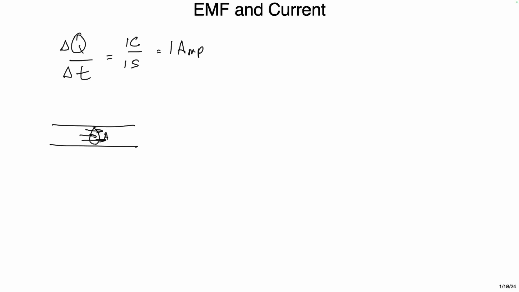So they'll roll downhill through the circuit to get to the negative end of the battery. So EMF is a measure of a battery's ability to provide this pump. And it's measured in volts because it is an electric potential.